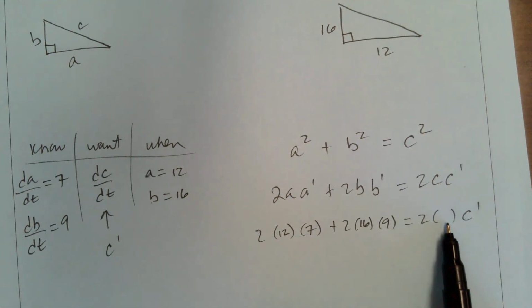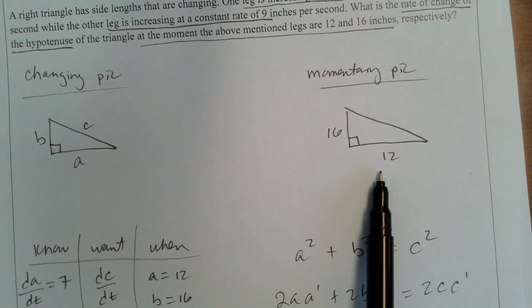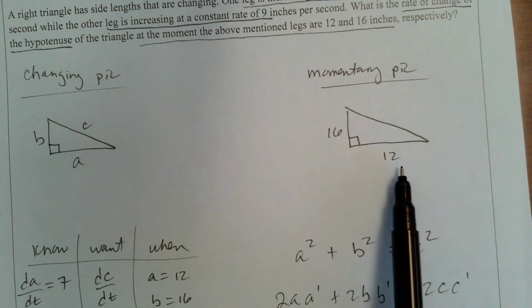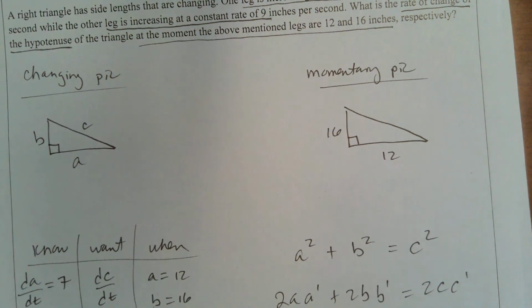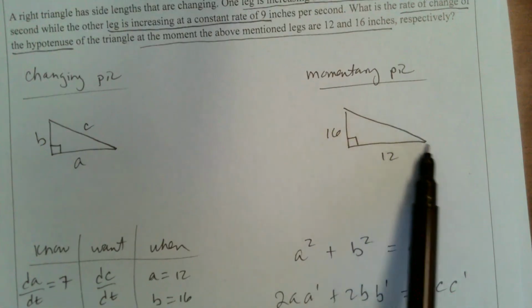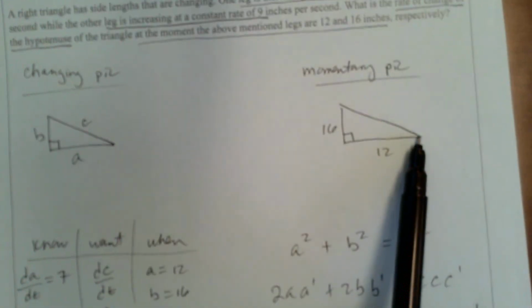Now in for c, this is why it's important to label the momentary picture. Because at this moment, when A is 12 and B is 16, they're not always that, but at this moment they are, we could use Pythagorean theorem to find what C is at this moment.